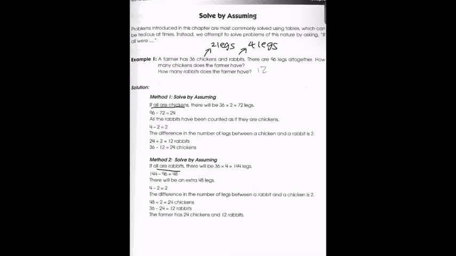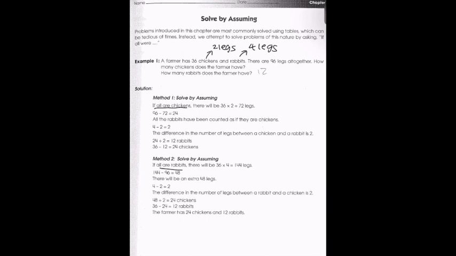If all are chickens, then we have 36 animals in total, so the total legs would be 36 times 2, which is equal to 72 legs. But we have 96 legs altogether. The difference in legs between a rabbit and a chicken is 4 minus 2, which is 2 legs.